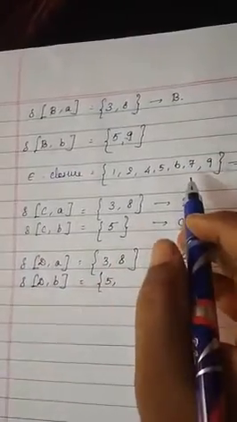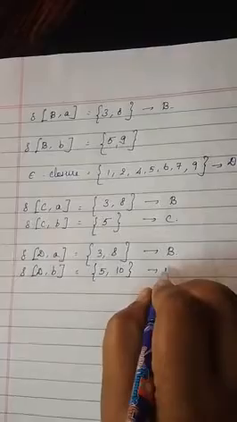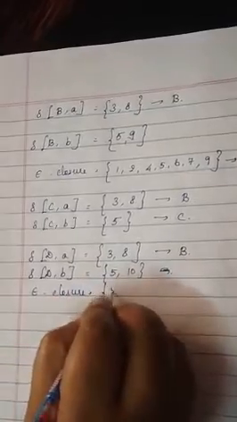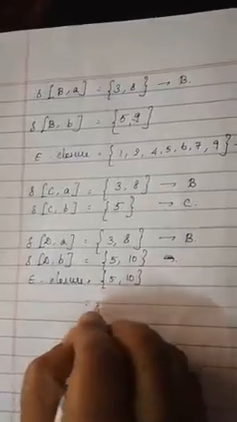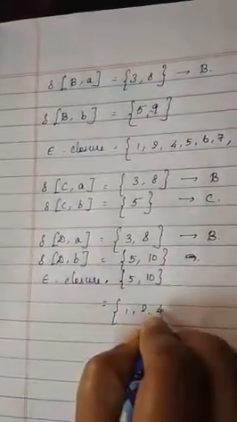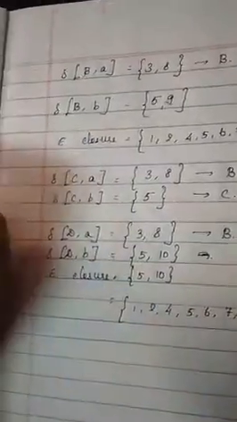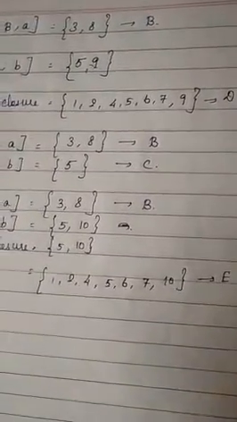Again 7 we don't have, but we have 9. 9 takes 10, which is another new state. So we calculate the epsilon closure for this new state, 5 comma 10. We already have the epsilon closure for 5: 1, 2, 4, 5, 6, 7. For 10 we don't have any epsilon closures, but we add the state itself. So we add 10 and name it E.